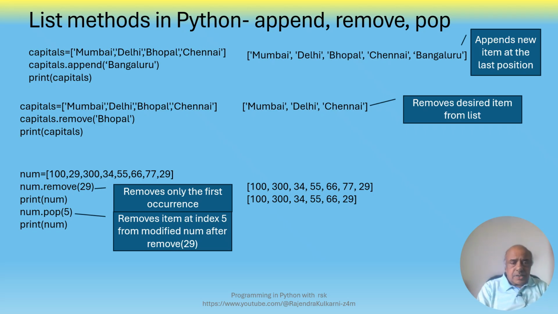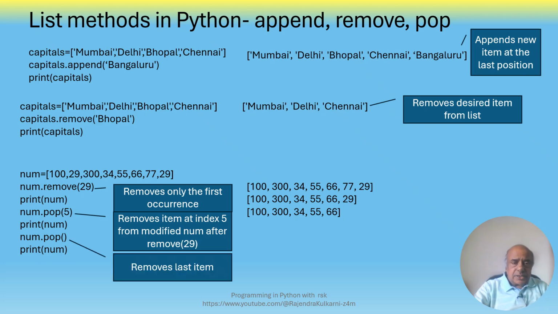So the item at index 5 in the original list num, after removing 29, is 77, so that has been removed. Then num.pop without mentioning the index removes the last item from the list.